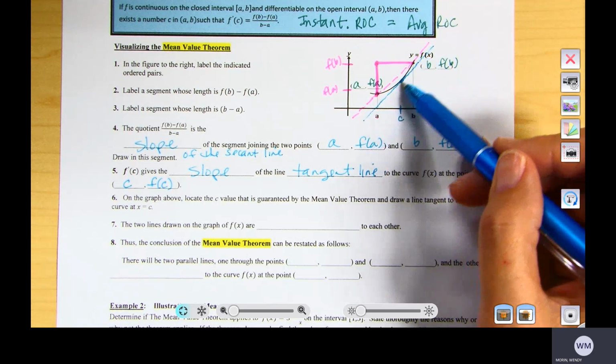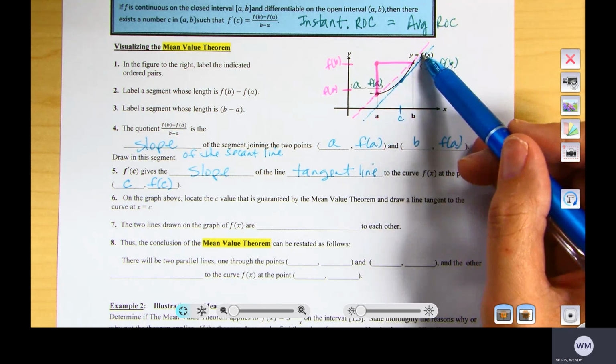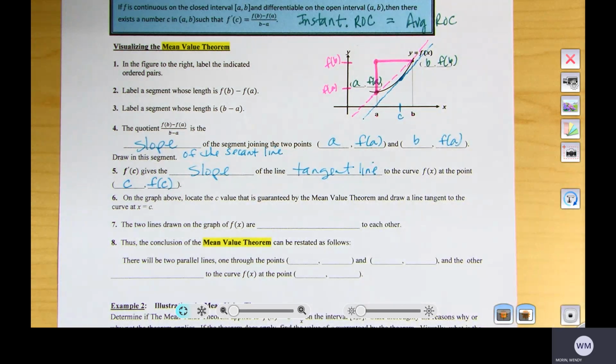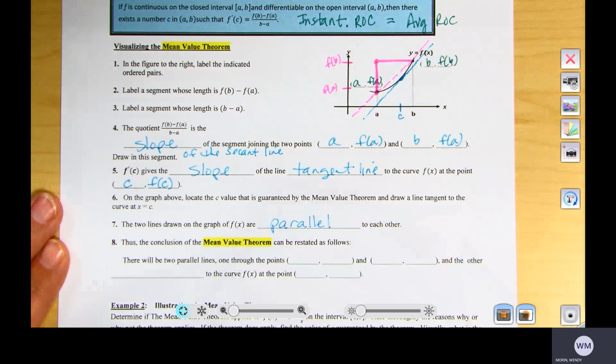Or the velocity equals the average velocity. The two lines drawn on the graph of f of x are parallel to each other. That's why their slopes are equal.